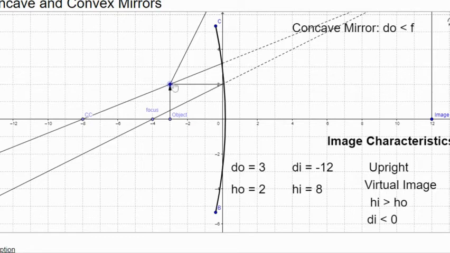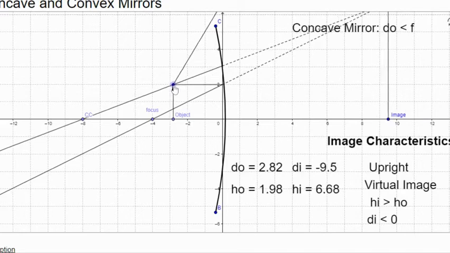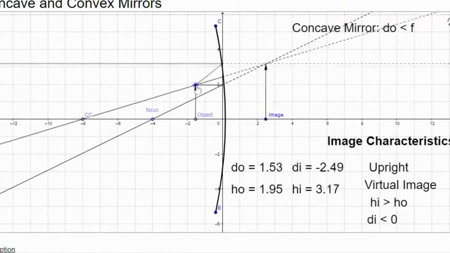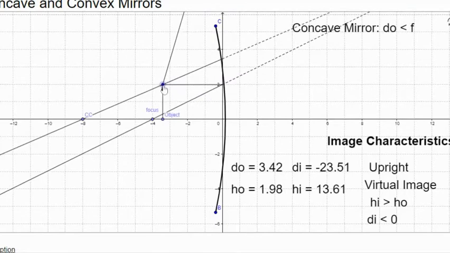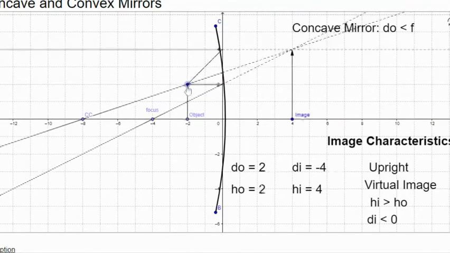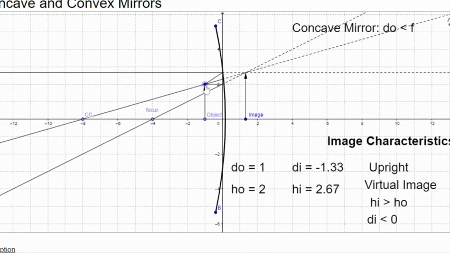So as the object moves closer to the mirror, the image actually gets smaller and smaller. It gets really big first, but then it gets smaller and smaller. But the whole time it's going to be right side up and a virtual image on the other side of the mirror. So that's the one time you get a virtual image in a concave mirror.